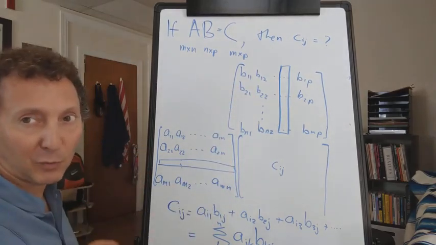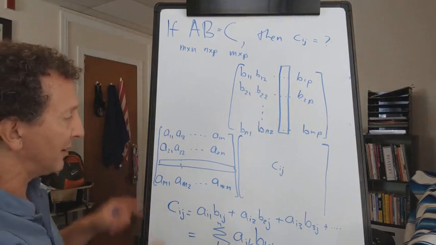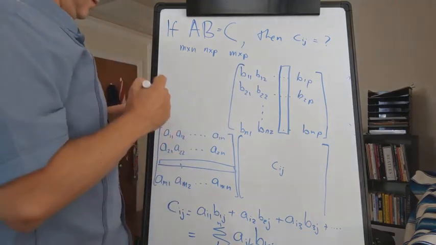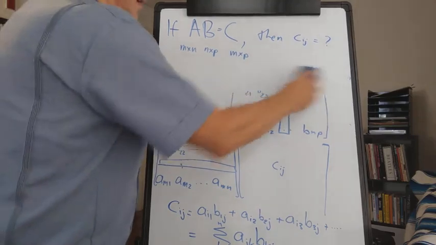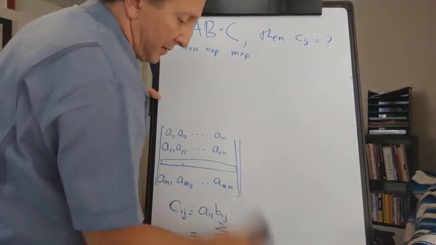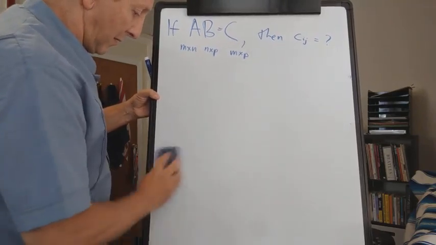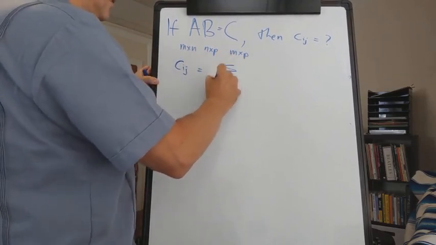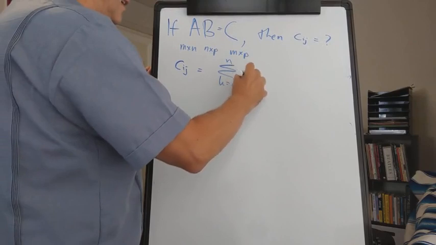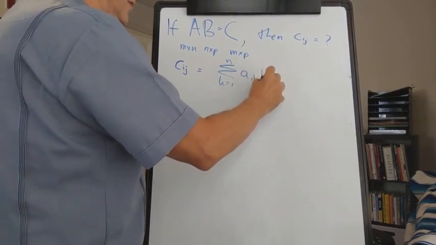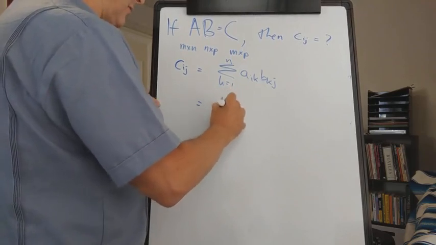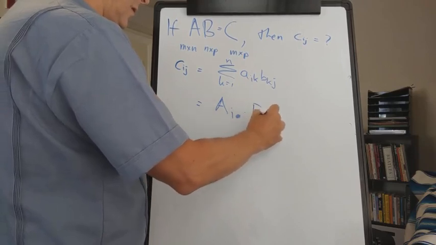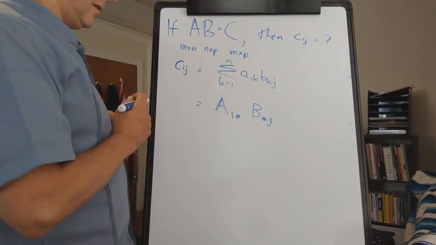If you remember from calculus what the dot product is, what we've just done is take the dot product of the ith row of A and the jth column of B. So we could either write this as a sum, as k goes from 1 to n, a_ik b_kj, or we could write it as the dot product of the ith row of A with the jth column of B.